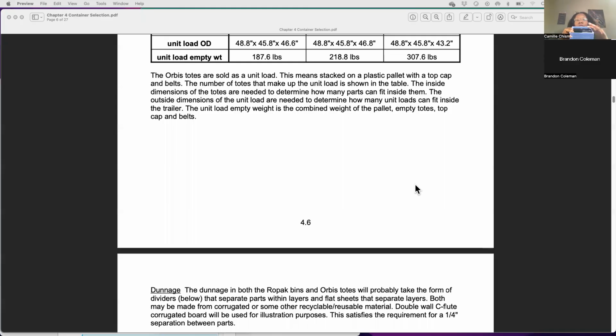It's assumed that when you've gone through that flowchart, which talks about fitting the parts into the container, you're filling it and there's not a gap of parts in it. So you've picked a container where the parts are not moving around. You have enough dunnage, and the right kind of dunnage, to keep your parts secure.